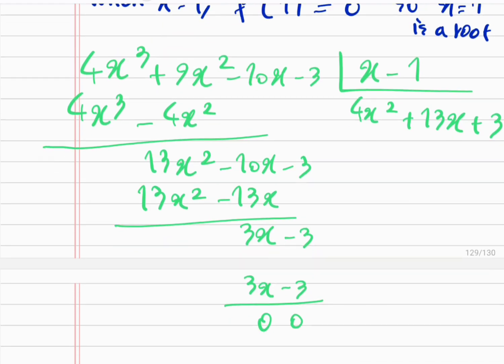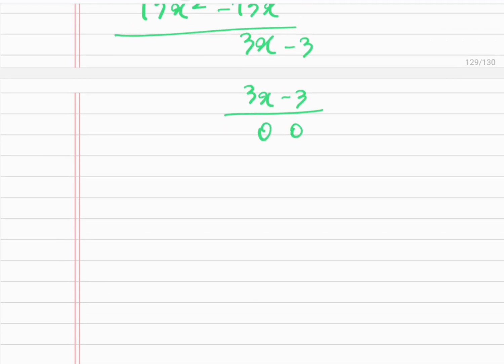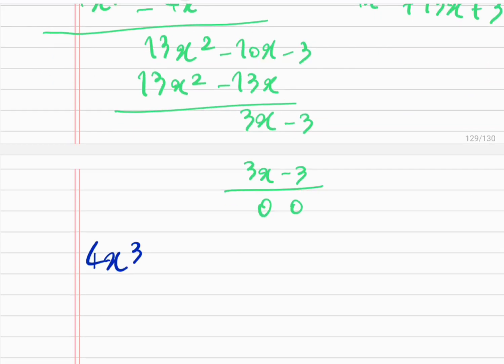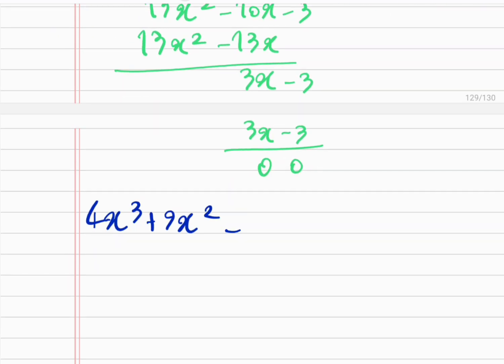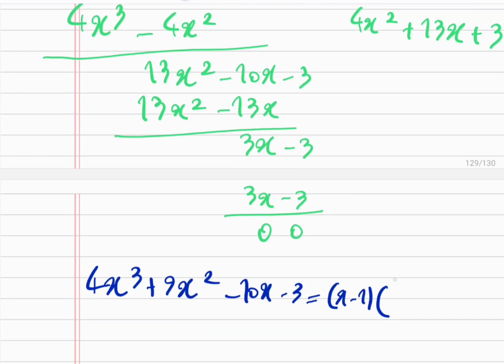So we can rewrite the equation. The equation was 4x cubed plus 9x squared minus 10x minus 3, which is x minus 1 times the quadratic that we got, so 4x squared plus 13x plus 3.